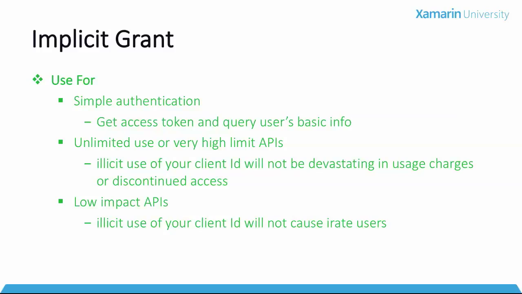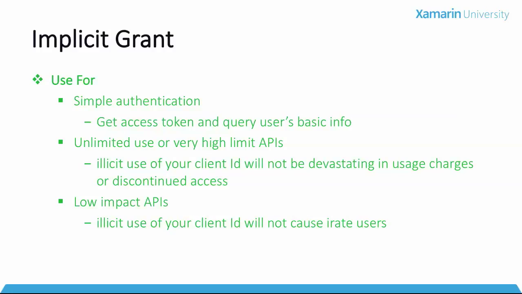So you get your access token and you call the basic info API and you get the user's username and email, and that's all you ever need to do on their behalf. That's perfect. You're now able to tell in your mobile app who that user is, but you're not actually changing anything on that user's behalf. You're not doing anything on that user's behalf on the remote servers. That's a great use case for mobile and implicit grant.